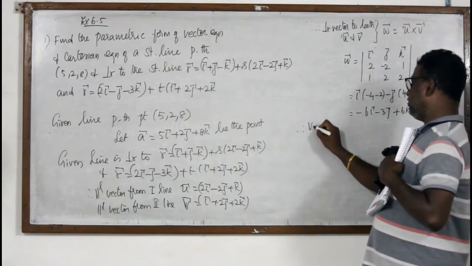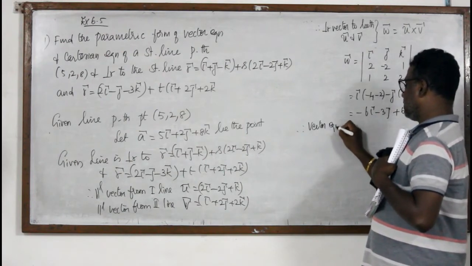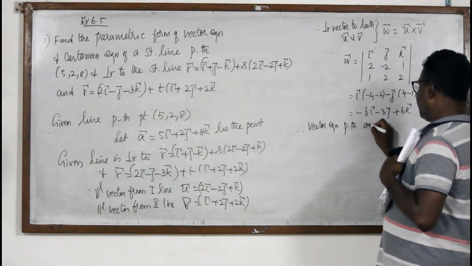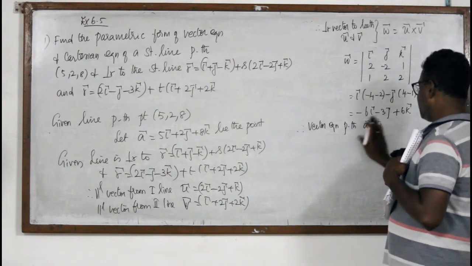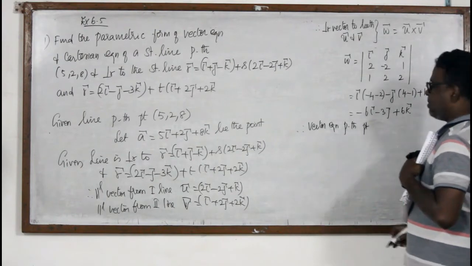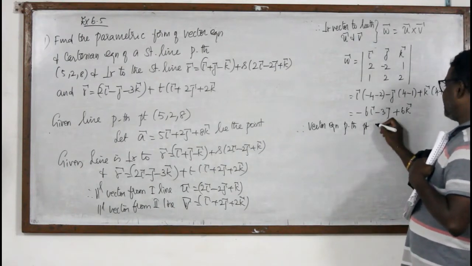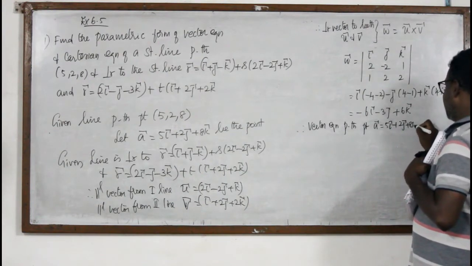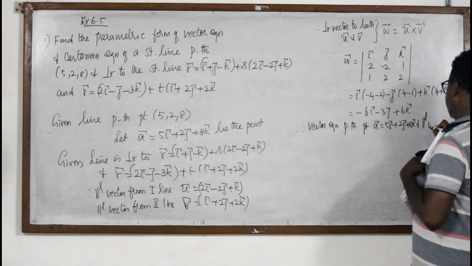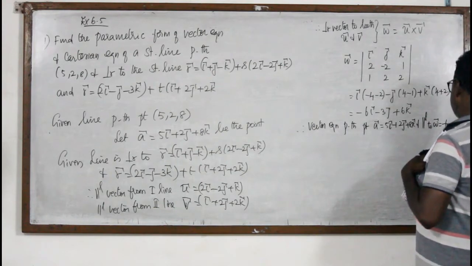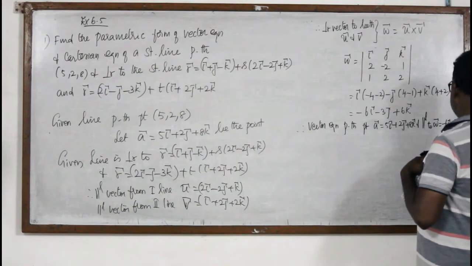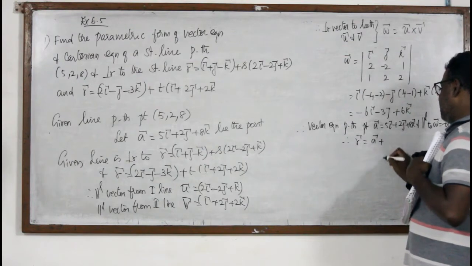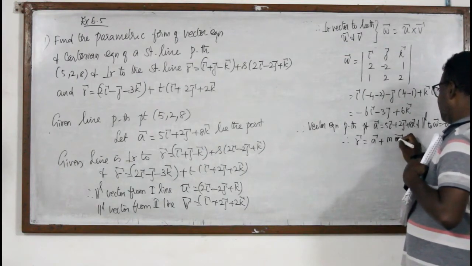Therefore, the vector equation passing through point A vector equal to 5i plus 2j plus 8k and parallel to W vector equal to minus 6i minus 3j plus 6k. The equation is r vector equal to a vector plus m into w vector.